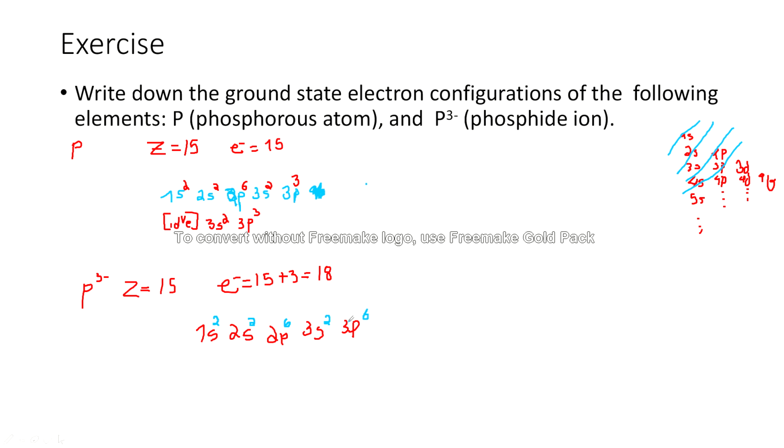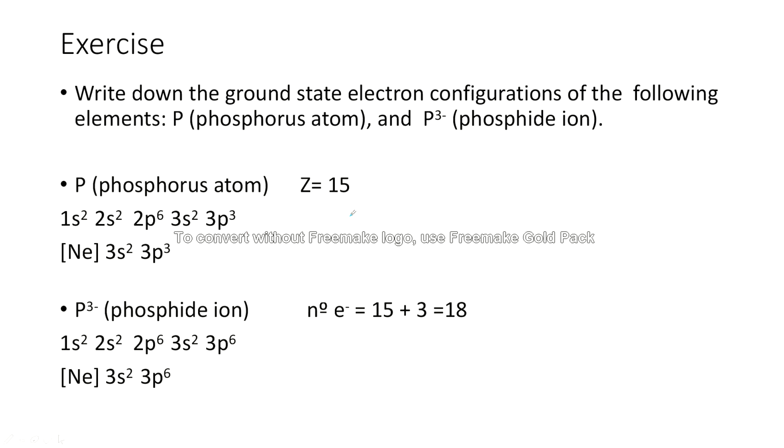Those are the valence electrons. So that is what we did: the order, the distribution of electrons, the full electron configuration, and the short electron configuration. Please don't forget that an ion is not a neutral atom, so you need to sum the charge with the atomic number.